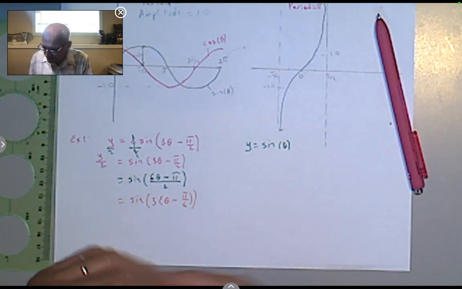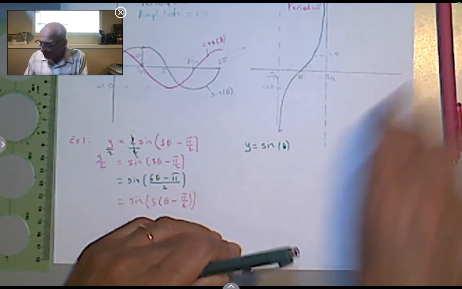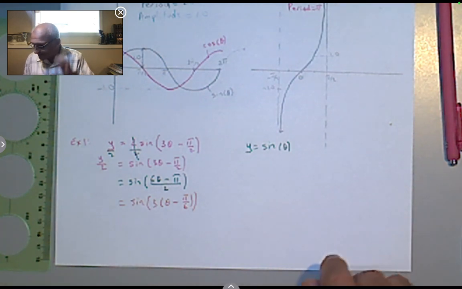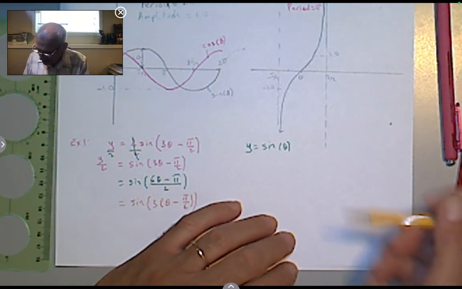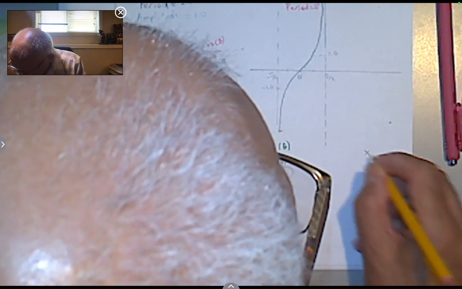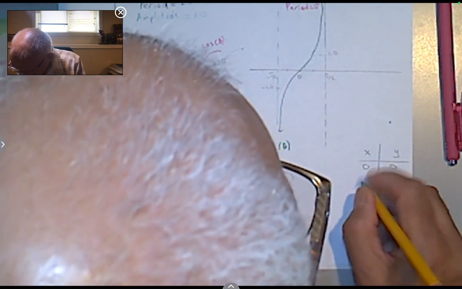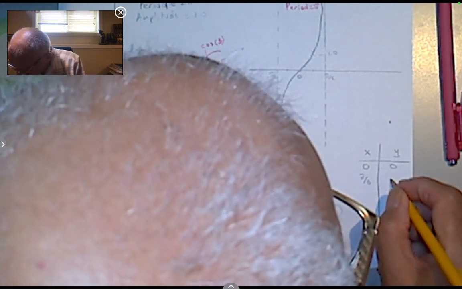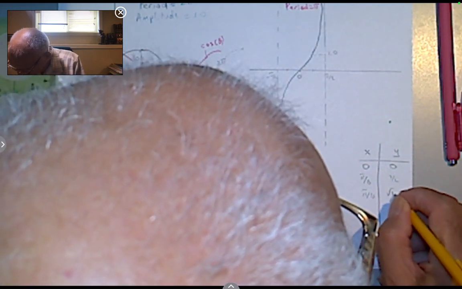So first of all, we already have the sine graph. And if you want, you can pick the angles that you know. For the parent function x and y: if x is 0, y is 0. If x is pi over 6, this is 1/2. If x is pi over 4, this is root 2 over 2.